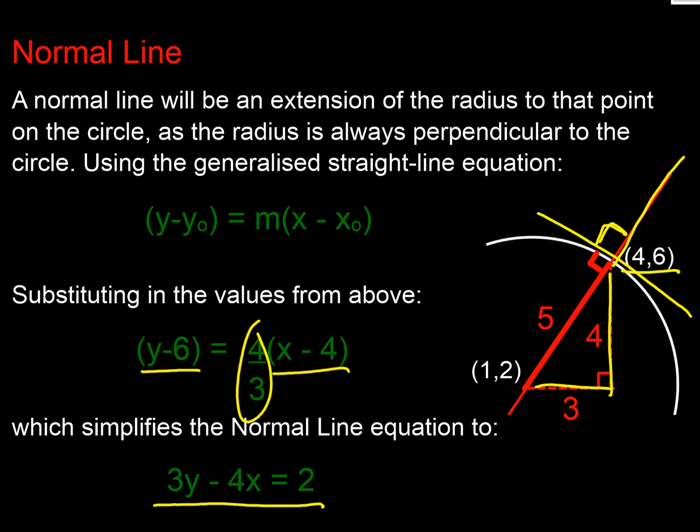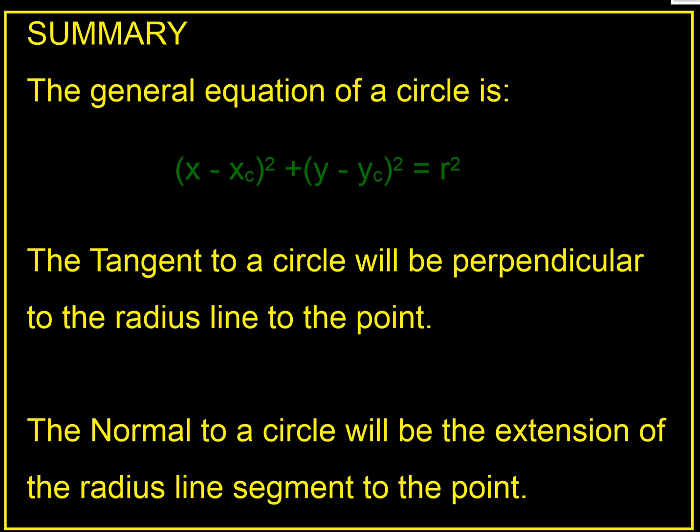The tangent is going to be perpendicular to the radius line, so if the radius has gradient m, the gradient of the tangent will be minus 1 over m, and the normal is just an extension of the radius line, so that's just going to have the gradient of the radius, isn't it? There we are. I hope that's of use to you.